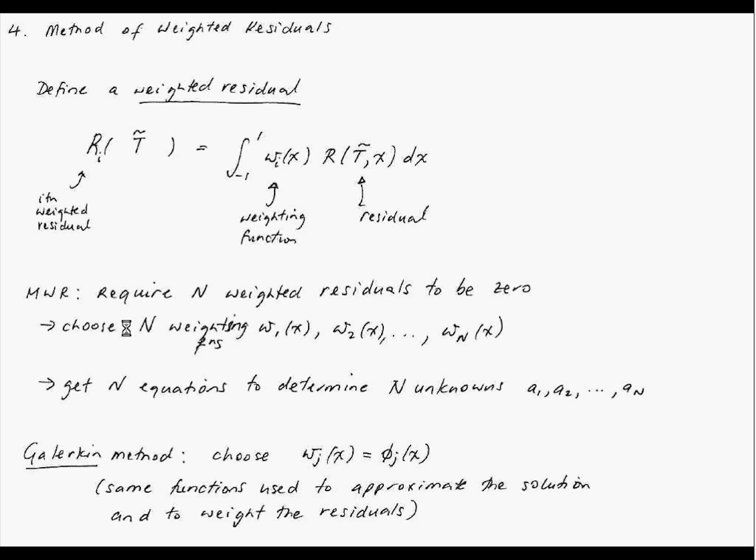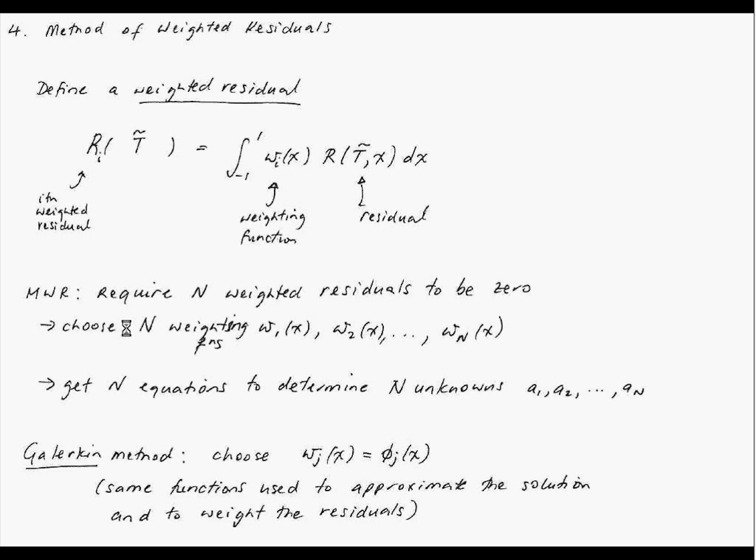You guys read about this. Yeah, exactly right. Let the weighting function be the same basis functions that you're using to approximate the solution. Okay, so the same phi 1, phi 2, phi n that we used in our expansion of T tilde, choose the same basis functions to be the weighting functions that you use to define your weighted residuals.